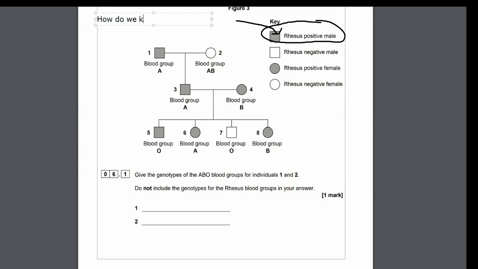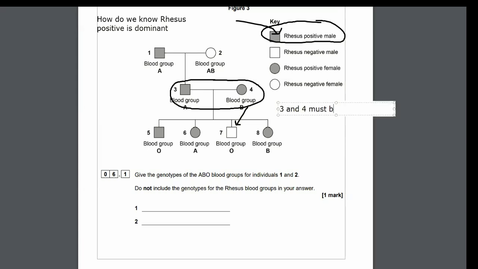So if rhesus positive was recessive and not dominant, it'd be impossible for two parents with homozygous recessive alleles to have any children other than children who are also homozygous recessive. So that proves that rhesus positive is dominant: 3 and 4 have to be heterozygous because they have produced 7 who must be homozygous recessive.